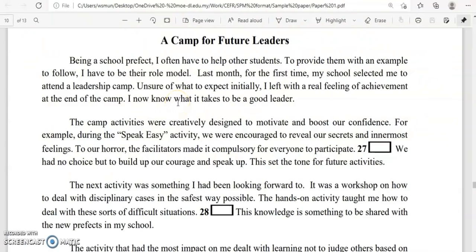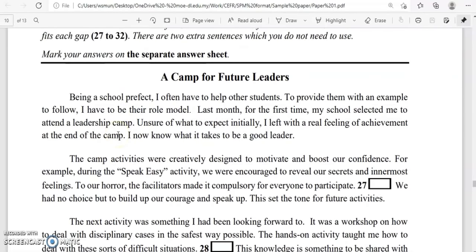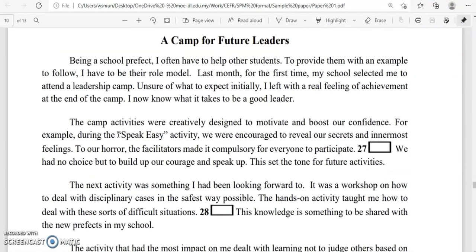Let's try. First of all, look at the topic of the passage. This is important as the topic gives you an idea of what the text is about, and this actually makes the whole reading process much easier. As you skim through the text, it is important to focus on how this passage is organized. That means focus on what is the main idea of each paragraph.